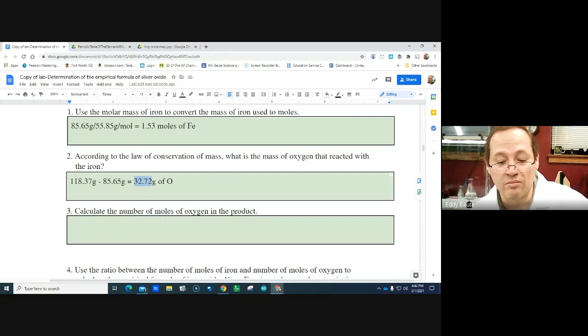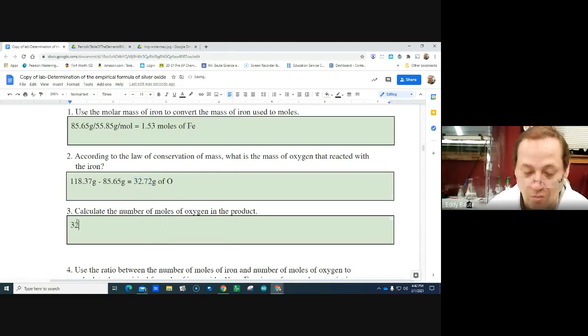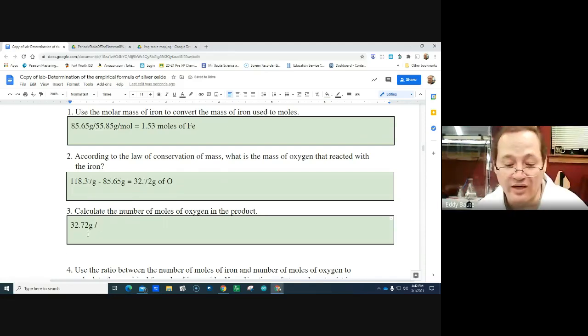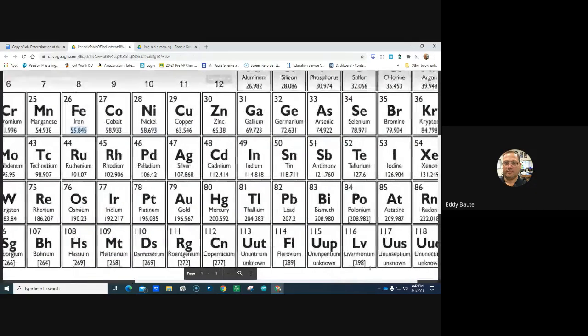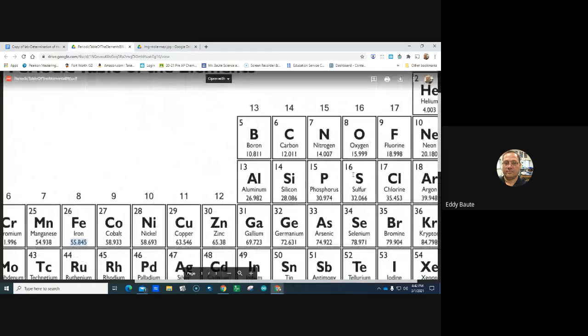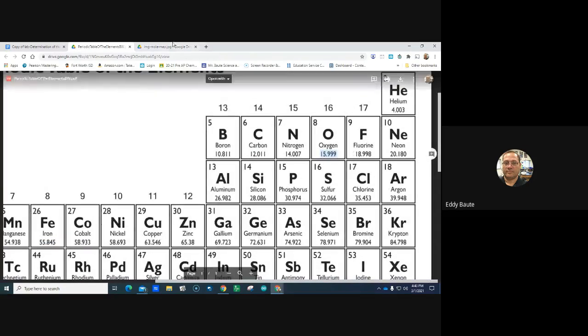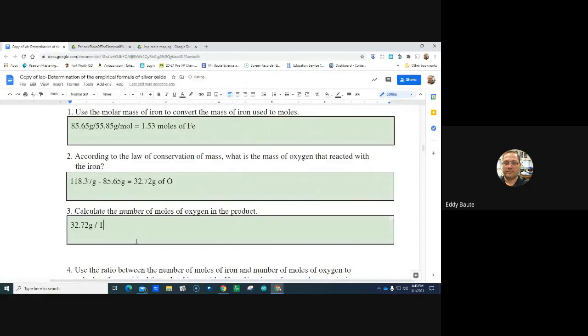Now we need to convert these grams of oxygen to moles. That's what number 3 is all about. So calculate the number of moles of oxygen. We need to divide this by the molar mass of oxygen. For those of you who do not remember yet, the molar mass of oxygen is 15.99, which is rounded to 16 grams per mole.